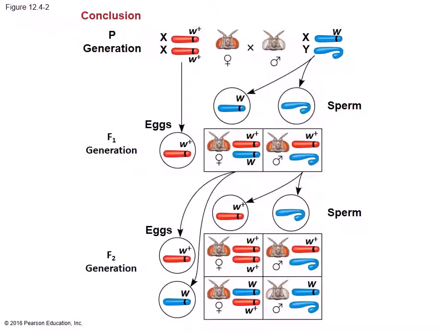In the F1 generation, we get all red-eyed females and all red-eyed males, but if we bred the F1 together to get the F2 generation, we get 2 red-eyed females and 1 red-eyed male and 1 white-eyed male.